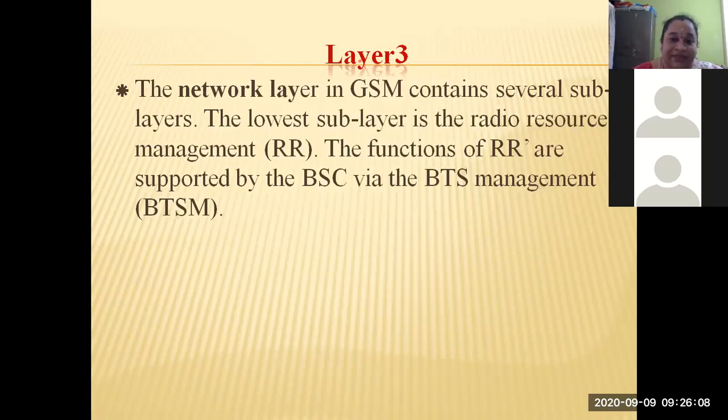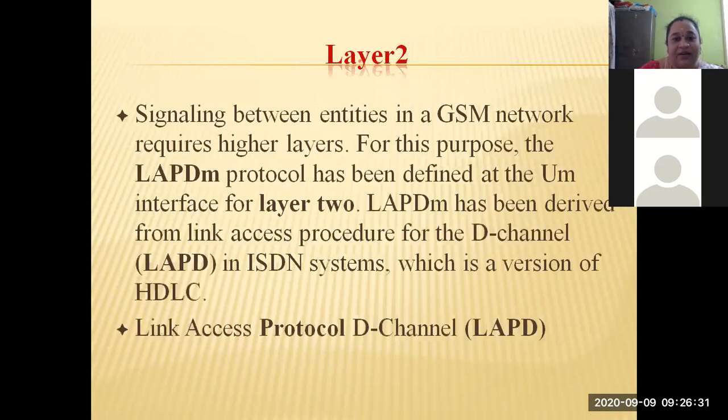Layer 2 is concerned with signaling between the GSM entities using the LAPD protocol, link access protocol on the D channel. Layer 3, the network layer, is divided into sublayers of different categories. The lowest sublayer of layer 3 is the RR. If you observe the diagram, you can identify it.